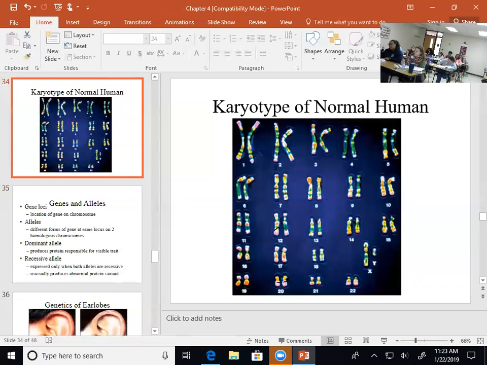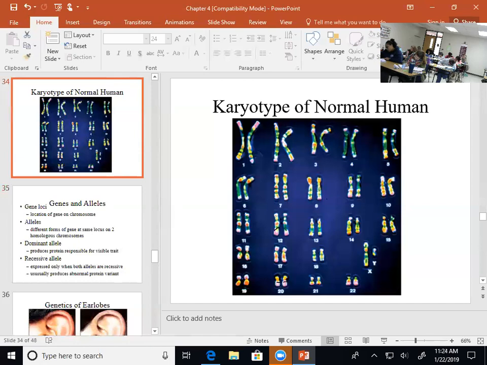So for a dominant trait, it just means that one of them gave you information for a protein to be made and a recipe to be built, okay? Recessive means that you don't have the information for that normal trait. If you don't have it, can you make it? No.